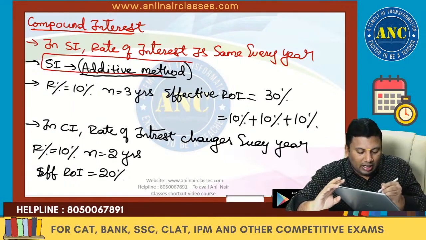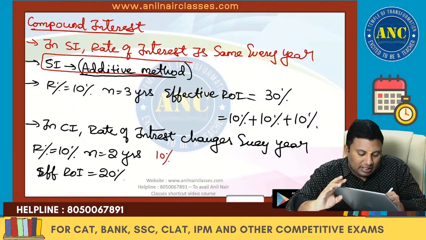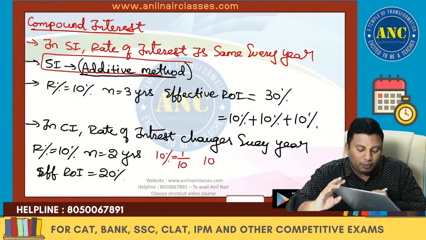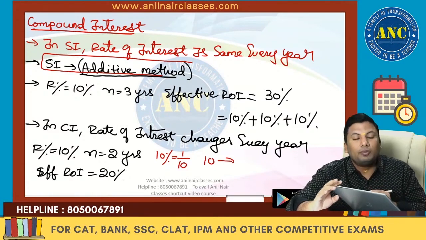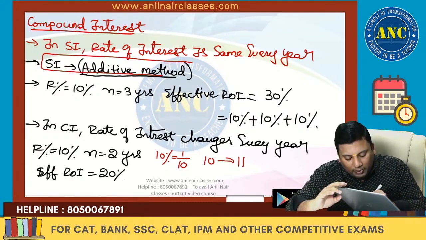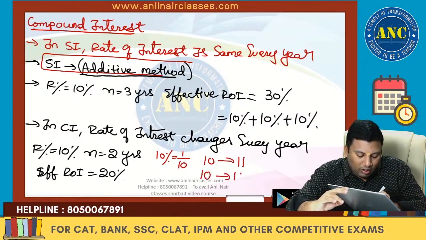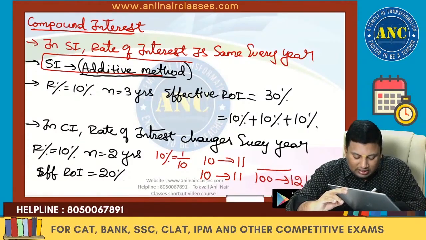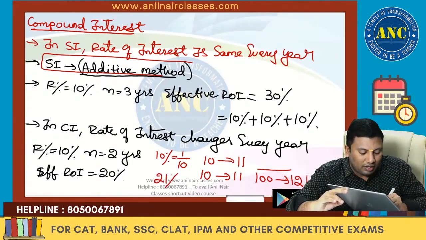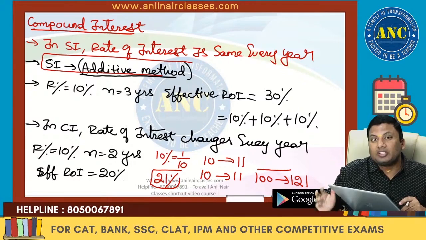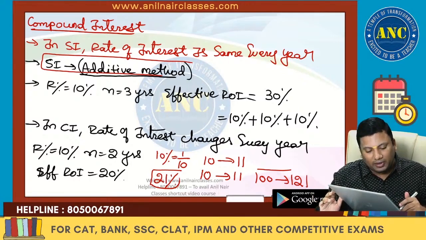Now, in compound interest, 10% is nothing but 1 by 10. Initially, I gave 10 rupees to my friend. He has to give me after 1 year 1 rupee more, which is 11. Second year also 10 percent, 1 rupee more on 10, 11. So 100 becomes 121. Extra is nothing but 21 rupees on 100, which is 21 percentage.